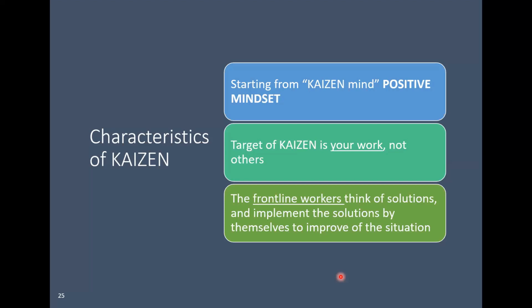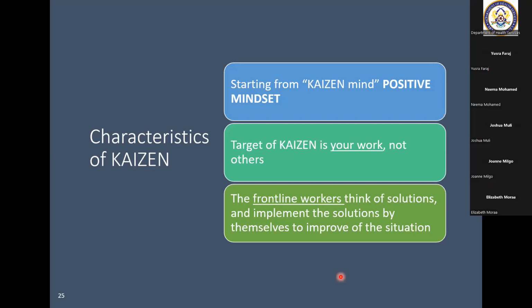And the beauty about Kaizen is that the frontline healthcare workers, those people on the ground, are the ones that identify their problems, define them, find solutions to them, and implement the whole process by themselves, using those resources that are available to them at their level. That is the beauty of Kaizen. And it is everybody's business. Every healthcare worker should be part and parcel of it.